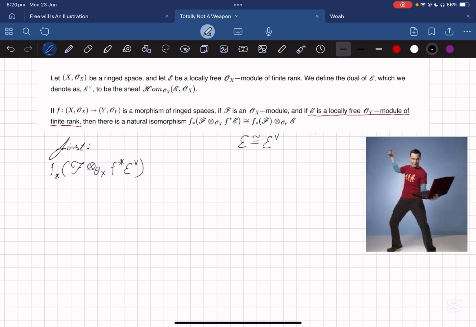Which implies that the push forward of F with our base change tensor is isomorphic to its dual. Now, what we need to consider is a very important result.